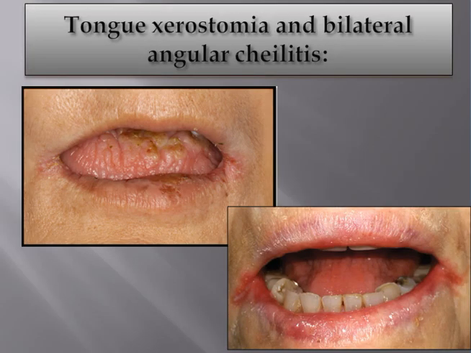The next manifestation is tongue xerostomia or oral xerostomia and angular cheilitis. As you remember, angular cheilitis is a type of oral candidiasis and usually appears as fissures or linear ulcerations of the commissures, and is frequently associated with small white unilateral or bilateral patches as well as the presence of intraoral edema.